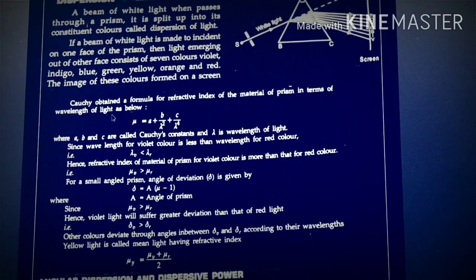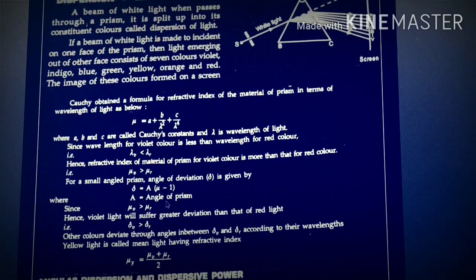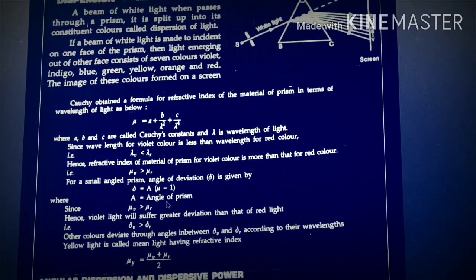In Cauchy's formula, mu is inversely proportional to lambda. So if the refractive index increases, the wavelength decreases. So lambda v less than lambda r means mu v greater than mu r.